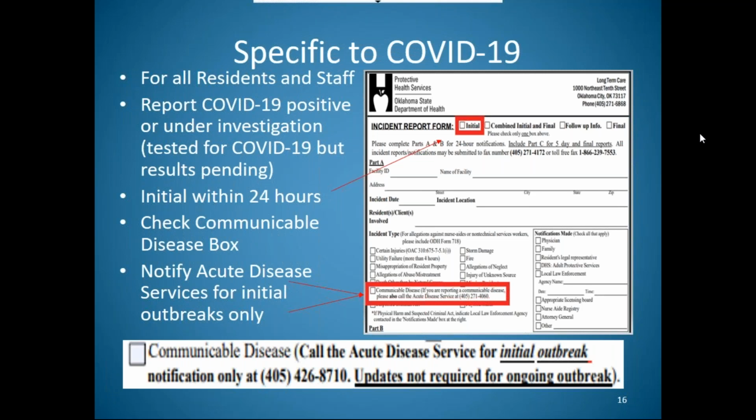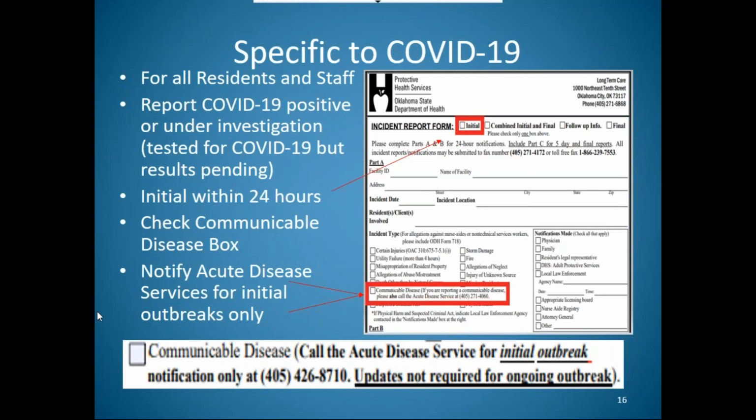You're going to check the communicable disease box. And under this communicable disease box, I just want to bring your attention to where it says communicable disease. You check that. You're going to call the acute disease services for the initial outbreak only. Any updates are not required for an ongoing outbreak.